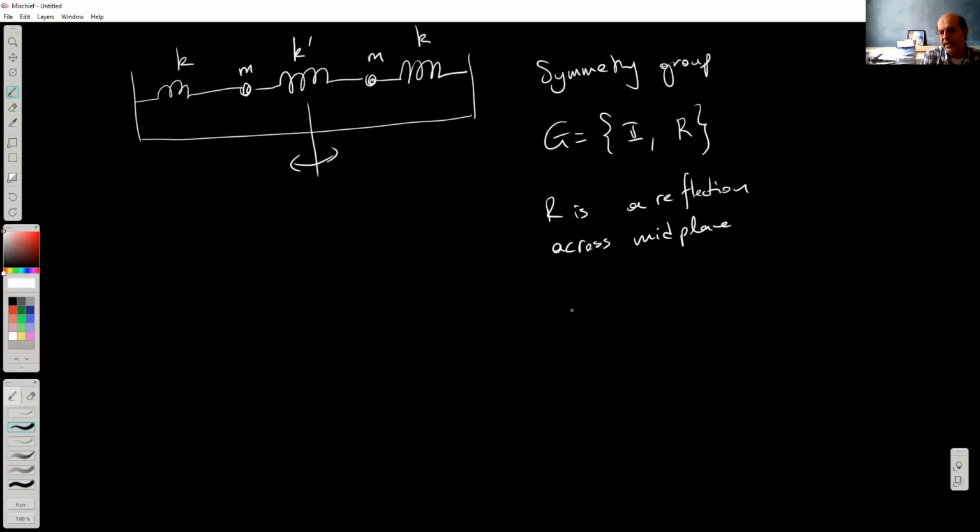In that case, this G is isomorphic to the cyclic group C2. So it is a symmetry group.